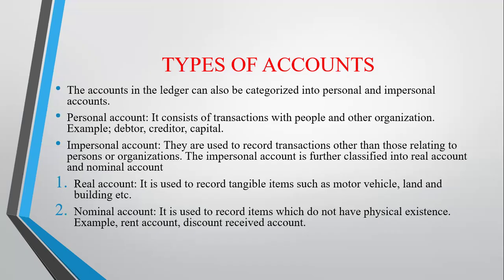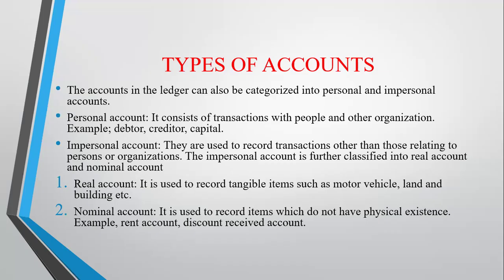The land and building account is a real account. The equipment account is a real account. Tangible means we can see and touch. So the equipment account, inventory account, all these accounts are real accounts.